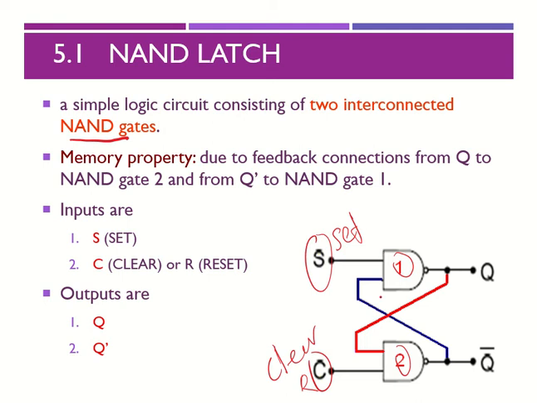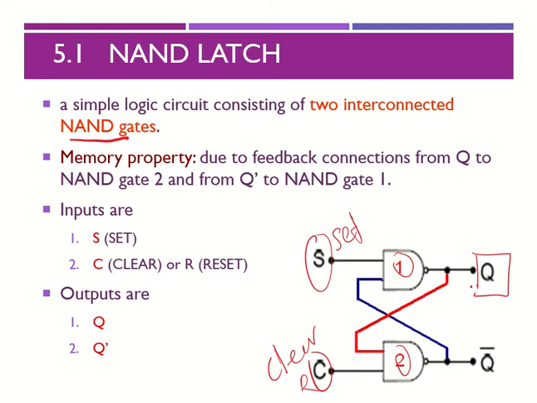You're going to have a first NOR and second NOR. The output of the first NOR goes to the Q, and then is put as an input to the second NOR. So you're going to have a C and also an output of Q. The output over here is going to be Q bar, and it's also going back as an input of the first NOR, the set input.